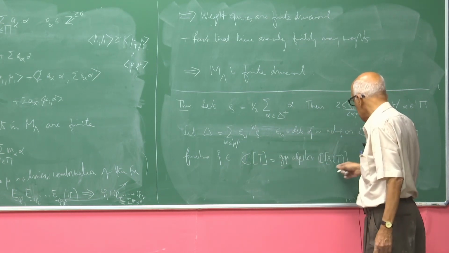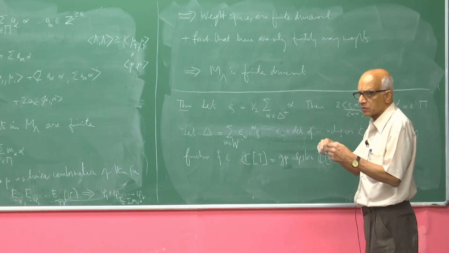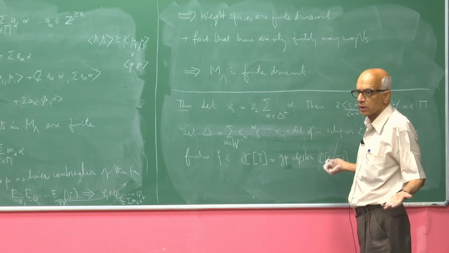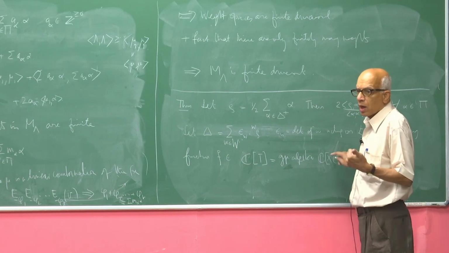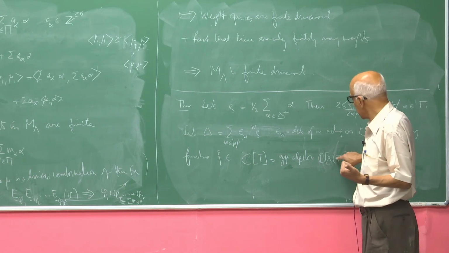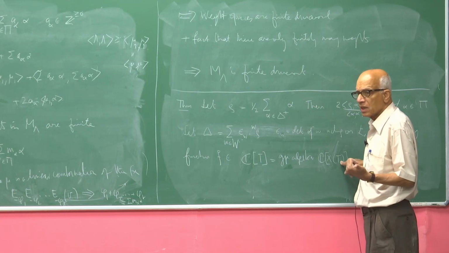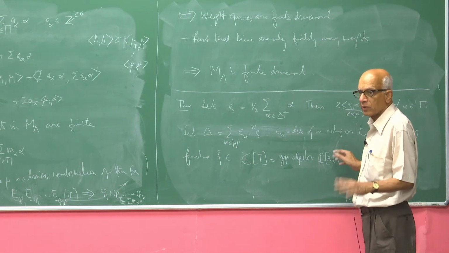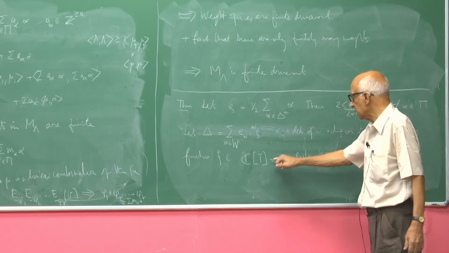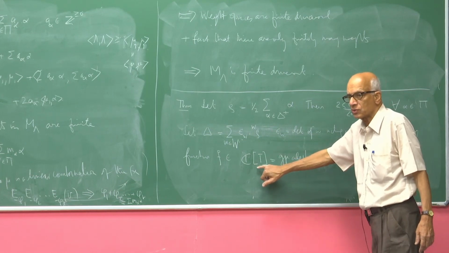And notice that this X_T is stable under multiplication. If you multiply 2 characters, you get another character. Though usually I am writing this X_T additively, if you write it multiplicatively, it is clear that you can identify this with a certain algebra of functions.